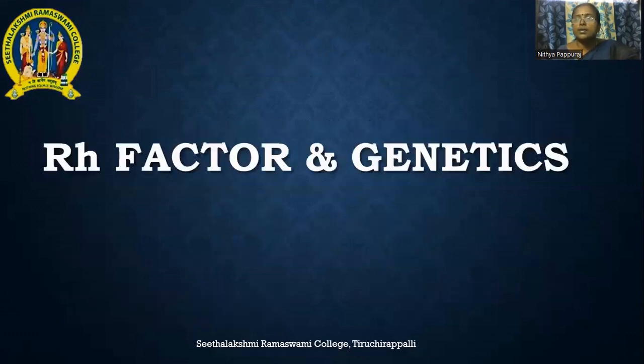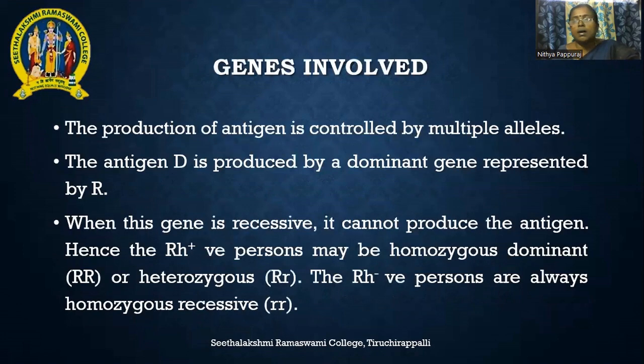Now let's see the relationship between genetics and the Rh factor. There are genes involved in Rh factor production. The production of antigen is controlled by multiple alleles. The antigen D is produced by the dominant gene represented by R. When this gene is recessive, it cannot produce any antigen.